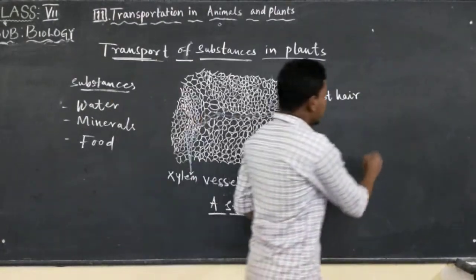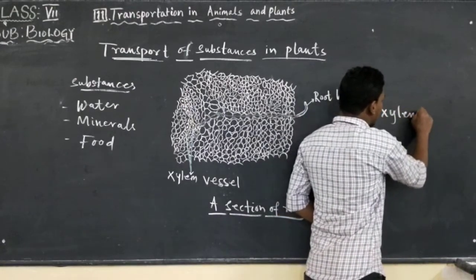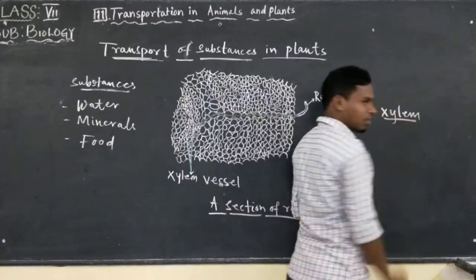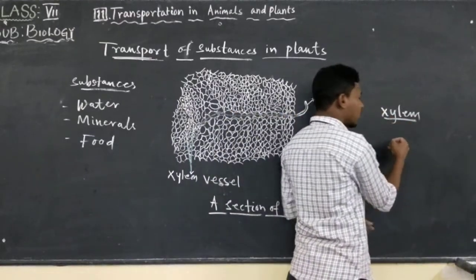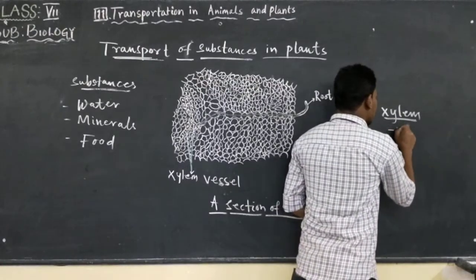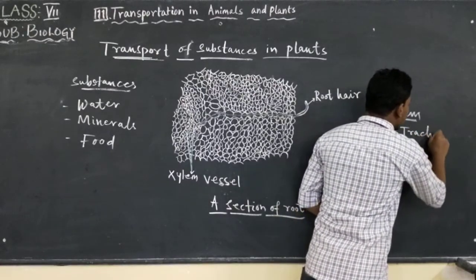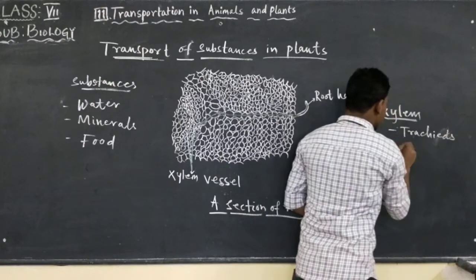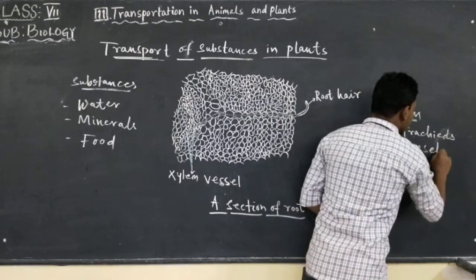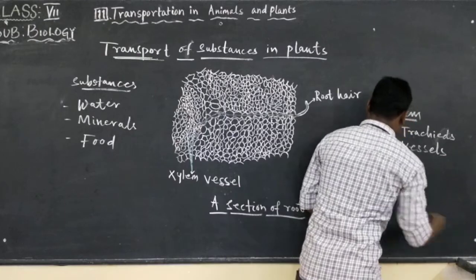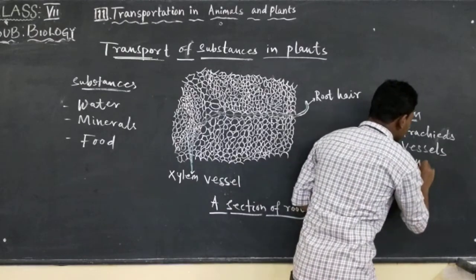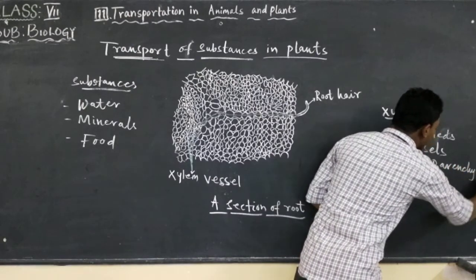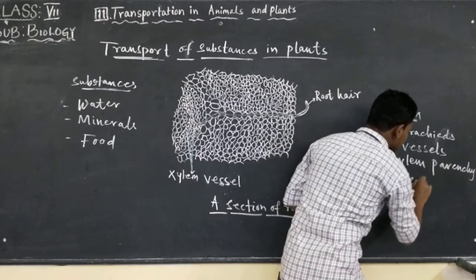Now here, this is xylem. Xylem is known as complex tissue. Xylem contains four components or four types of cells. They are tracheids, vessels, xylem parenchyma, and xylem fibers.